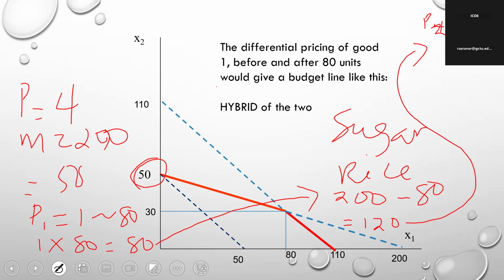If I divide 120 by 4, I'll have the quantity of X1 to be equal to what? 30. So it means that I can add 80 plus 30, that gives me 110. That is why this ends up at 110.